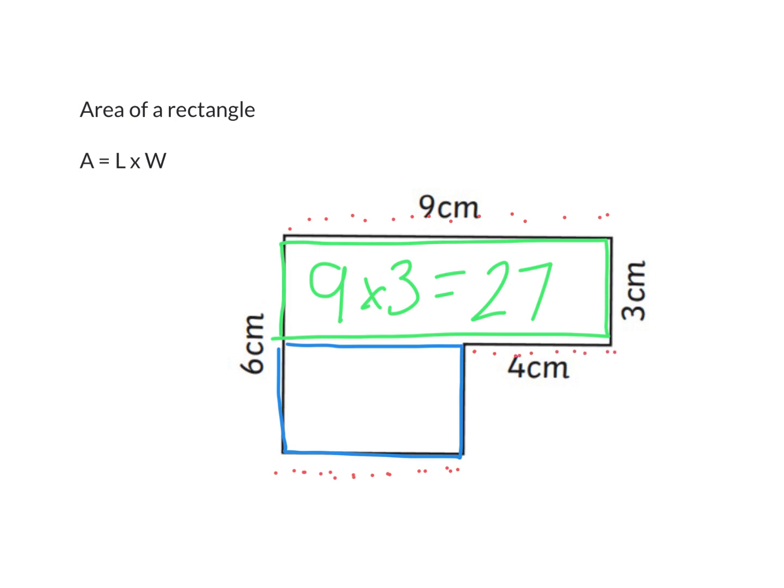So if we look, this 4 is taking up this portion of the shape. So this is 4, which means this space must be 5, which then applies to this part of the rectangle. So I have 5 centimeters.